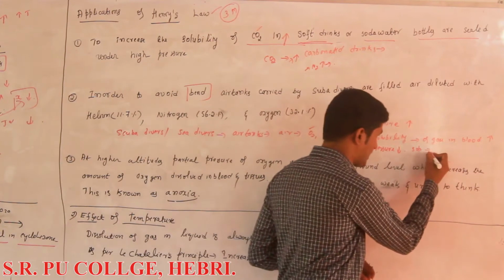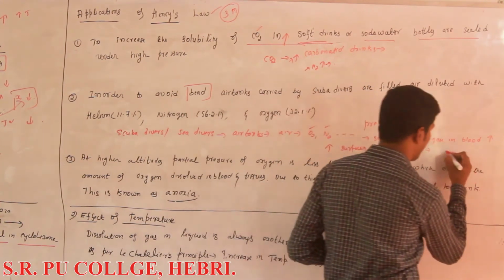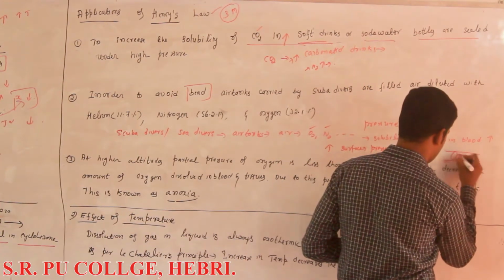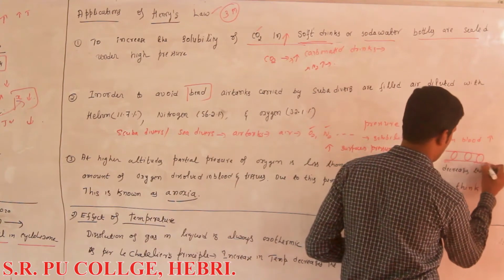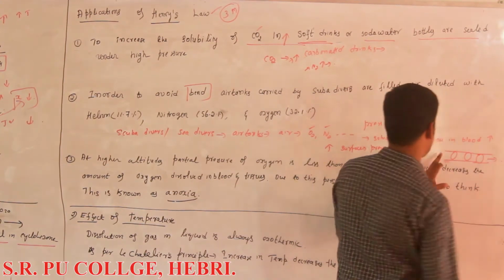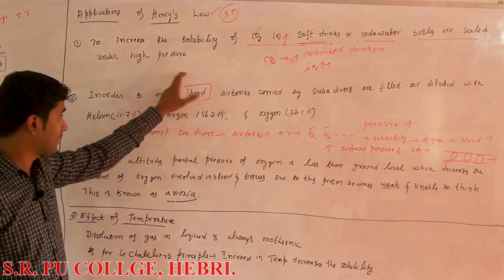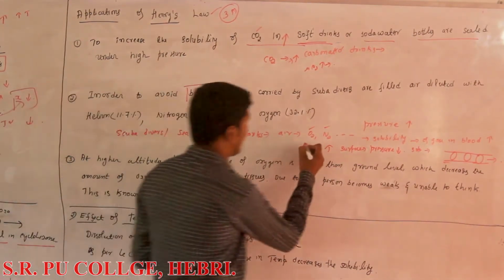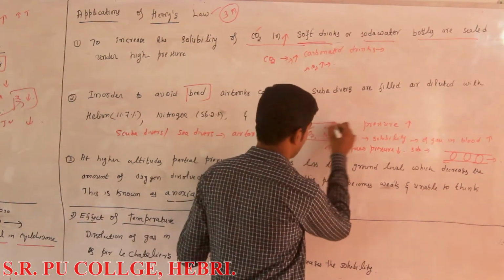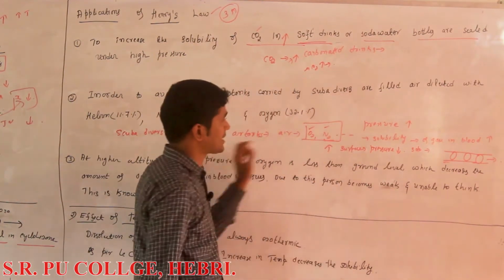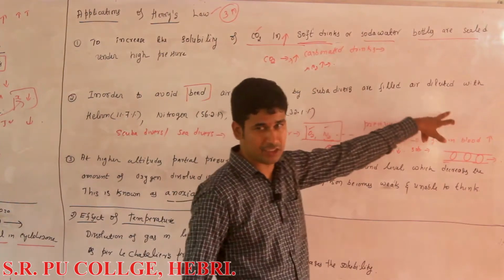So gases come out from the blood and they form bubbles in blood capillaries. This serious medical condition is known as bends. So this bend is created by what? Created by these gases which get readily dissolved in blood at high pressure.